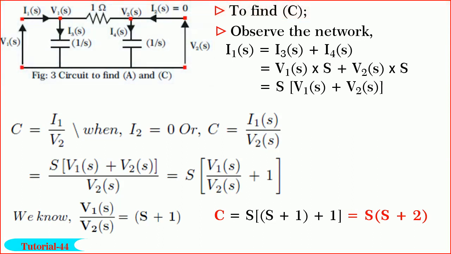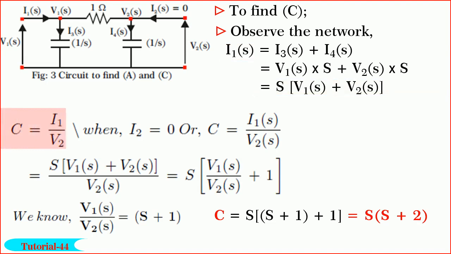You find that I1(s) is equal to I3(s) plus I4(s). Note that I2(s) is equal to 0. By substituting for I3(s) and I4(s) and solving, we get I1(s) = s(V1(s) + V2(s)).